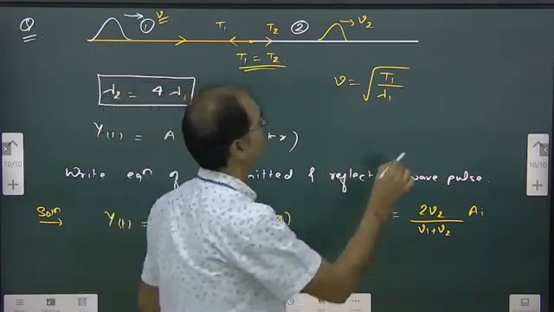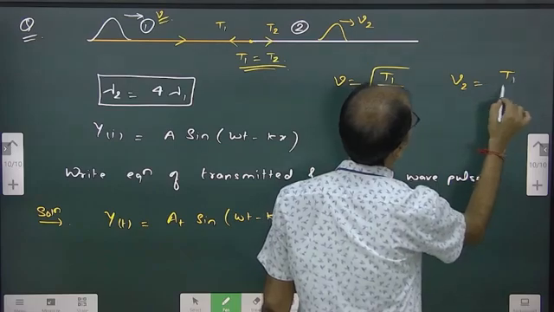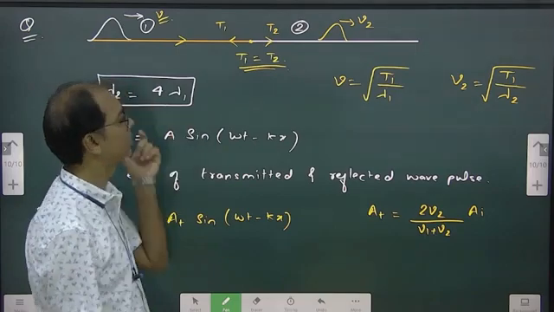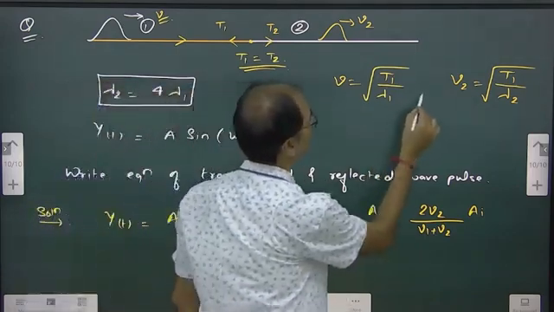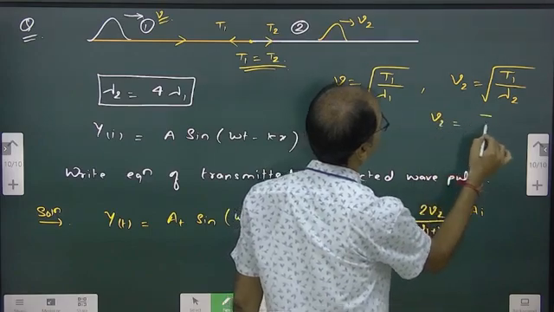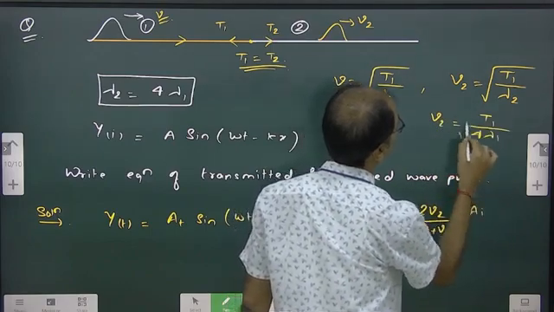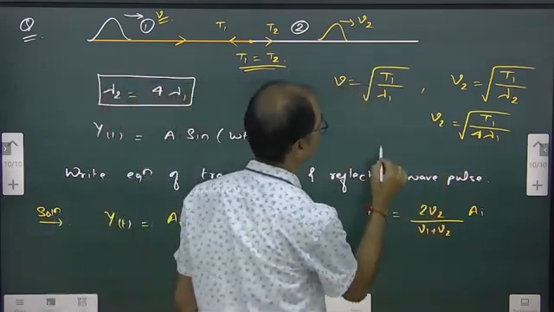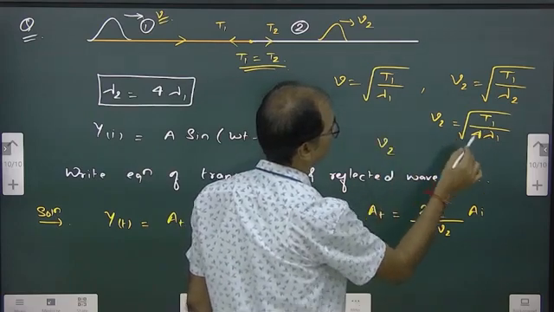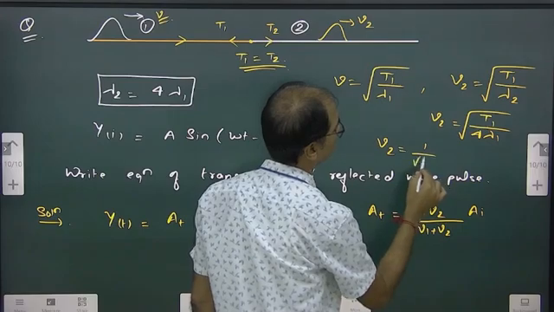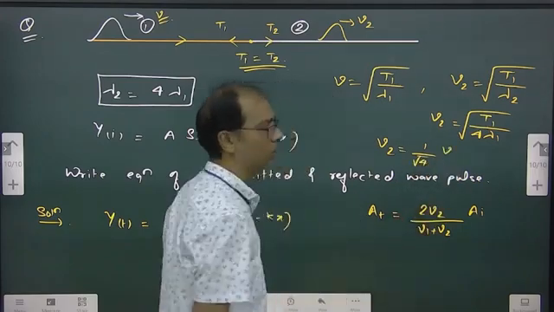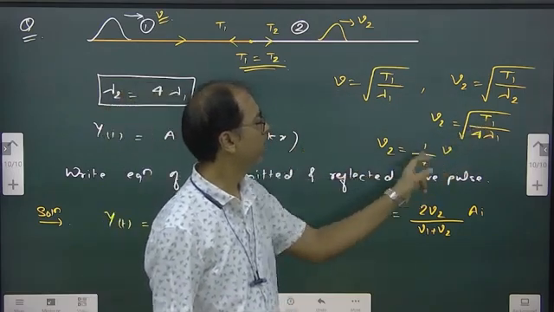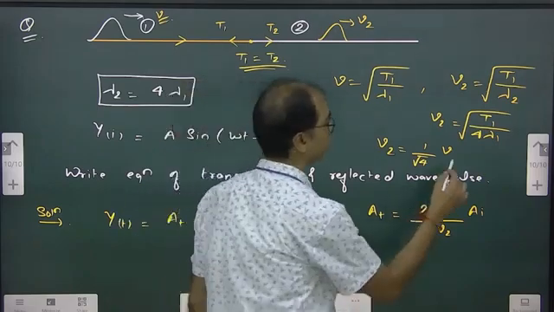What is v2? v2 is root over T1 by lambda 2. So can we have a relation? Yeah, obviously, because lambda 2 is 4 lambda 1. So this v2 I can write as root over T1 by 4 lambda 1. That means v2 is (1 by root 4) times root over T1 by lambda 1. Have I written correct or not? Root over T1 by lambda 1 is V. So v2 is V by root 4, and that means v2 is equal to V by 2.